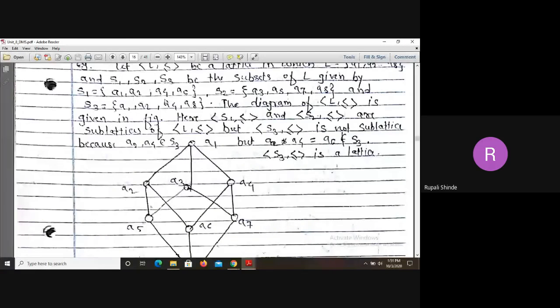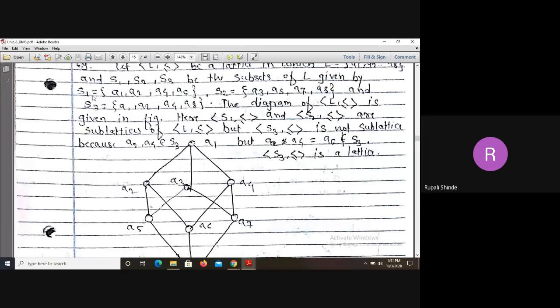So we can say that if you perform star and XOR operation, or meet and join operation, on any two elements of this set, whatever result we get is present in this set S1. So S1 is called a sublattice of the given lattice. Whatever results we got are all in S1.